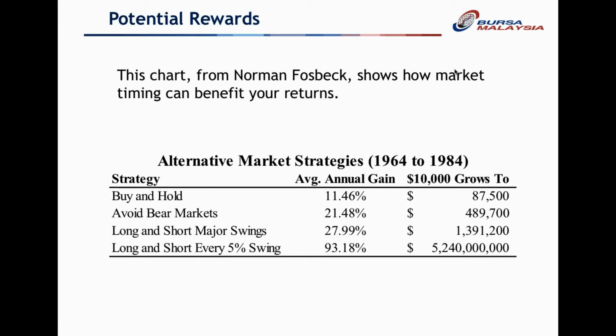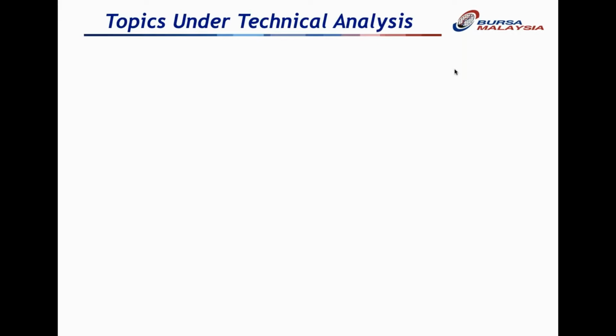Your $10,000 will grow to $5 billion over a period of 20 years. Now, of course, I don't believe that any good trader can long and short every 5% swing, but if you can long and short major swings, you're already good enough. So that's the upside potential of technical analysis.